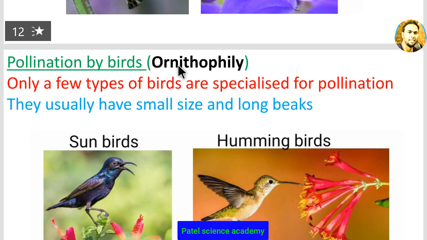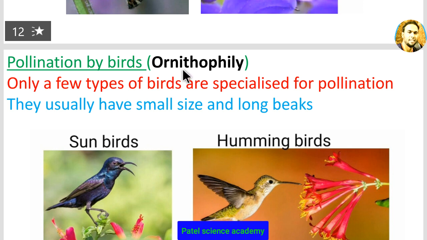Pollination by the birds or ornithophily, because the meaning of ornitho is bird. As we have seen in the hydrophily, hydro means water, as we have seen in the wind pollination, as we have seen in the entomophily, entomo means insect.